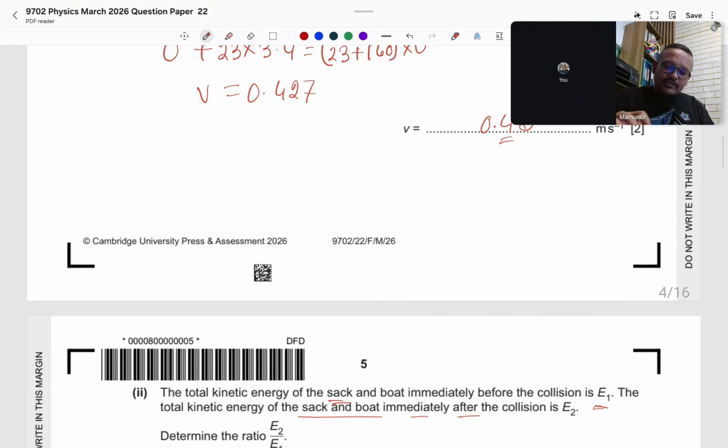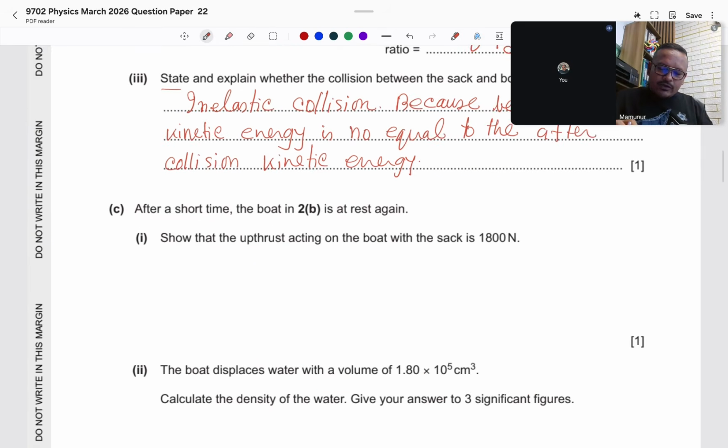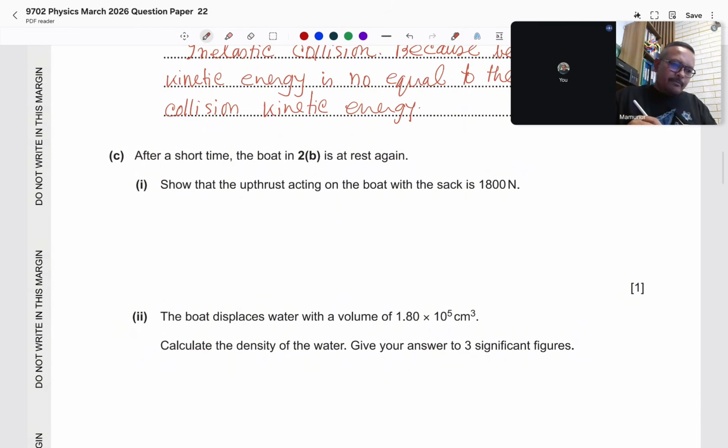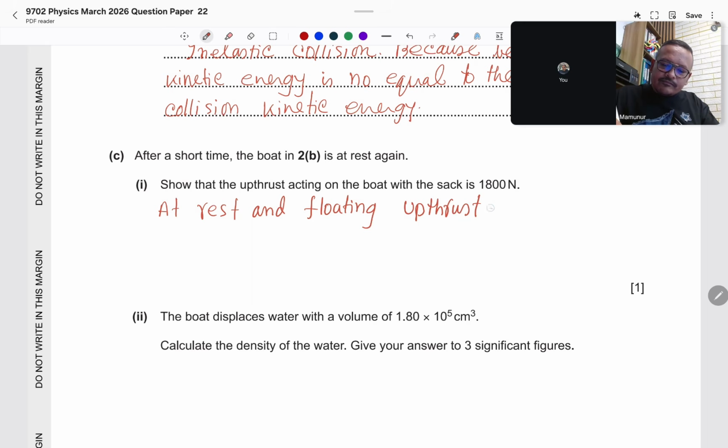So let's calculate the weight of the object. So we can write here, at rest and floating, upthrust is equal to weight.